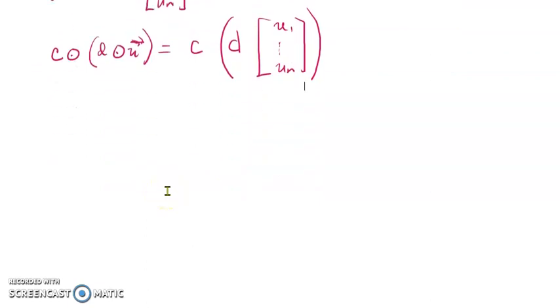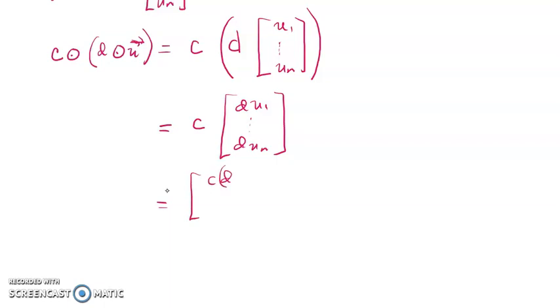Again, that is equal to C times, we will operate this first. Okay, so that is DU1 up to DUN. This is equal to, again, scalar multiplication of matrix. You have C times DU1 up to C times DUN.